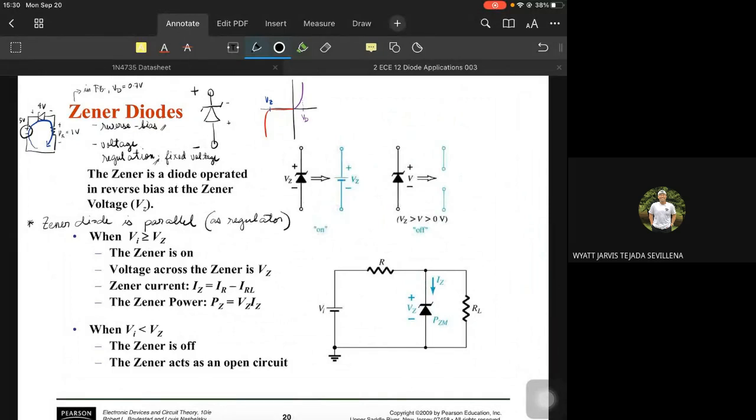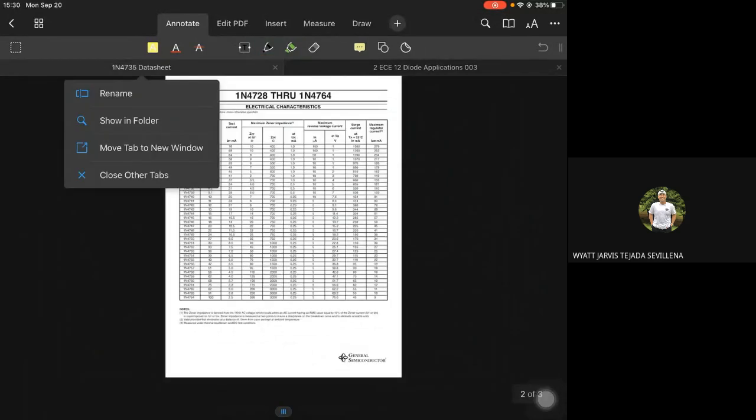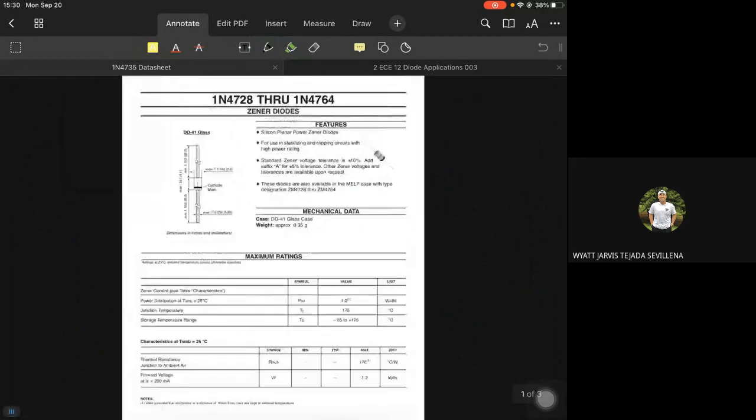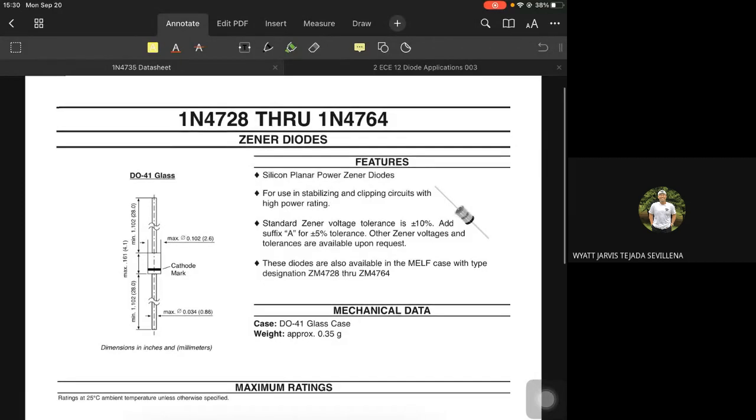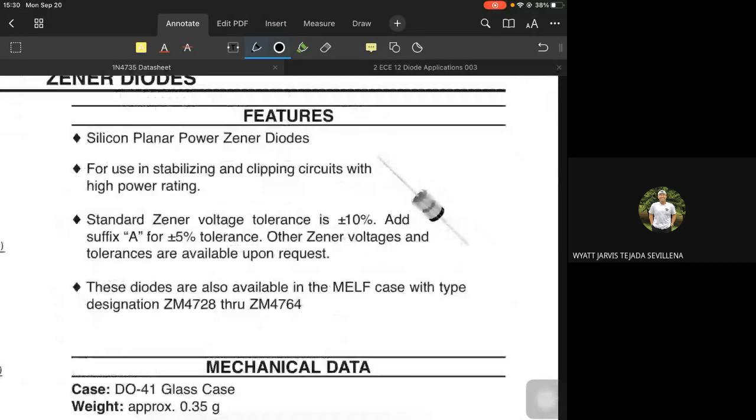I have here an example of a specification sheet of a Zener diode. First is its part number, the 1N47 series, from 1N4728 to 1N4764. That's what it looks like.